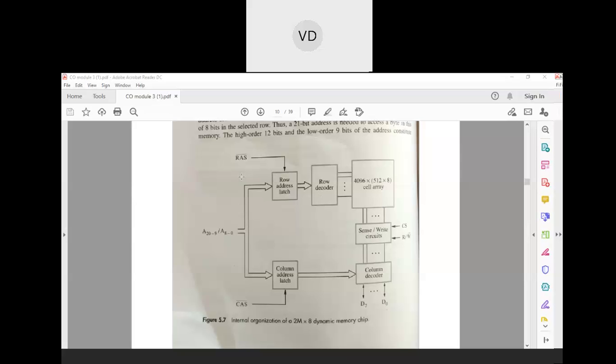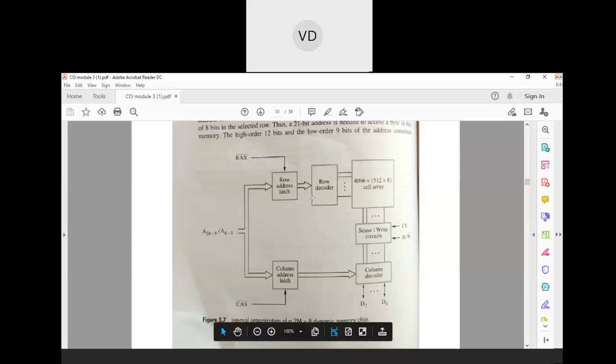So first we latched the row address by generating the RAS signal, that is the row address strobe signal. This is an active low signal. Whenever it is in the lower position, it is considered active. Then after strobing the row address to the latch, the column address was also strobed.